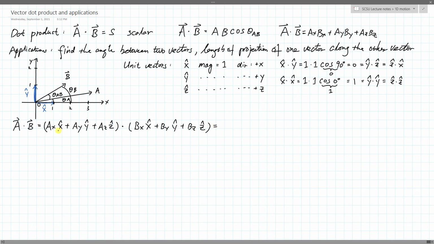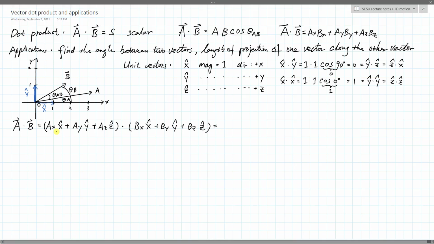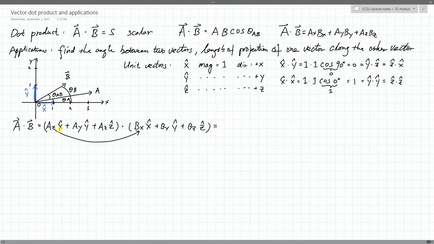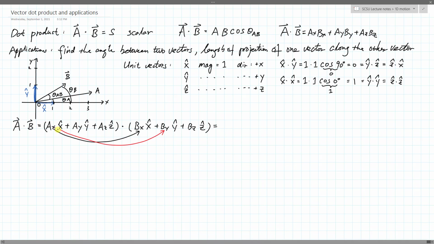So we're going to distribute, and I'll draw a few. I'll start with black, distribute like this, then distribute again, and again.